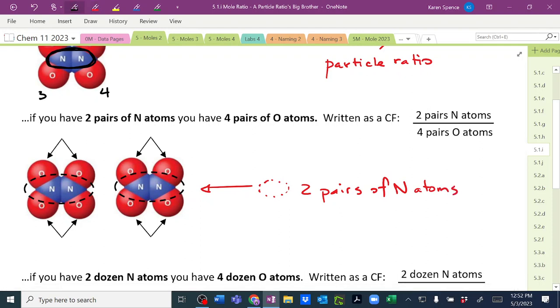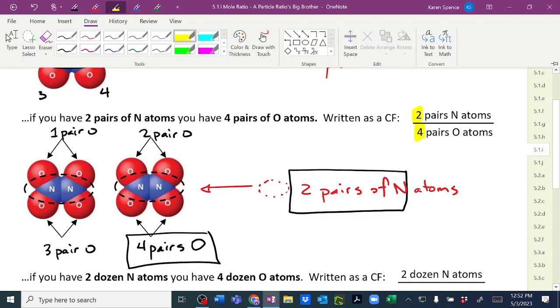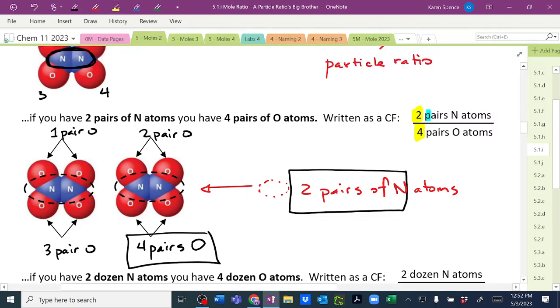And then we have 1 pair of O's, 2 pairs of O's, 3 pairs of O's, and 4 pairs of O's. So we have 2 pairs of N for every 4 pairs of O. Once again, a 2 to 4 ratio. All we've done is added in the word pairs.